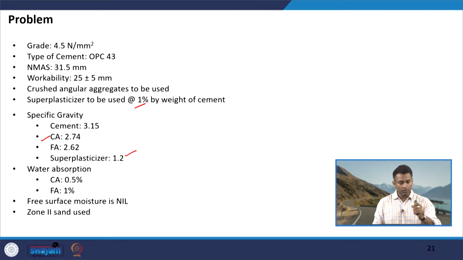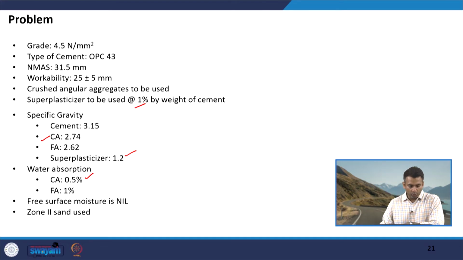The water absorption of coarse aggregate is 0.5% by weight of the aggregate, and of fine aggregate it is 1%. In the present problem there is 0% moisture on the surface of the aggregate, so the free surface moisture is equal to 0. For the fine aggregate, the problem states that we are using zone 2 fine sand.